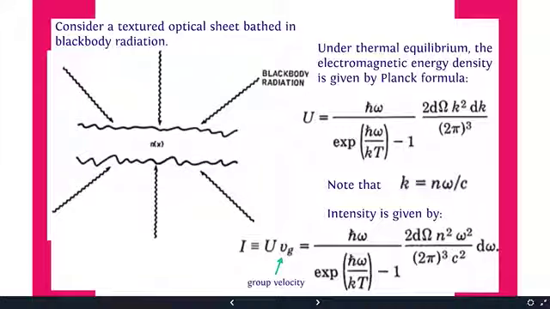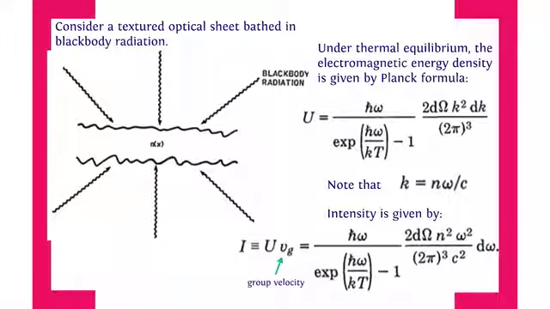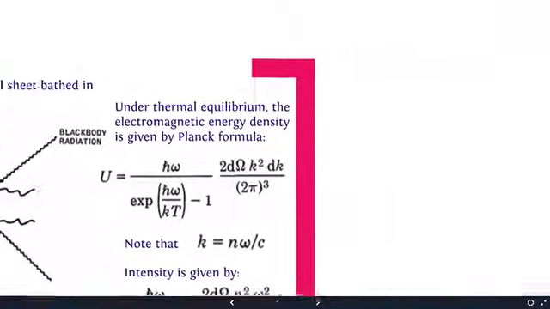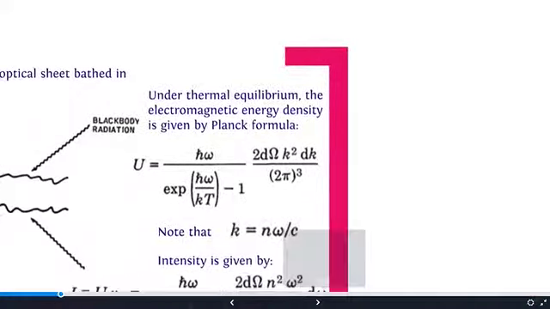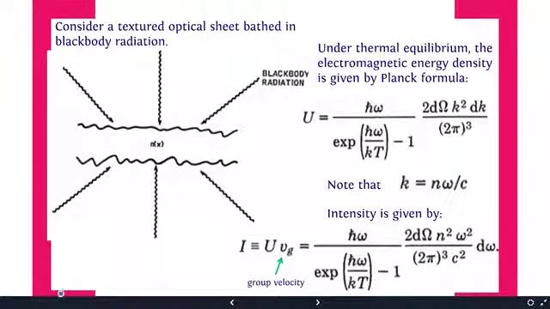Now, this n is the critical factor here. If I try to compute the intensity of light within this material, it can be written as the electromagnetic energy density multiplied by something called the group velocity, Vg.